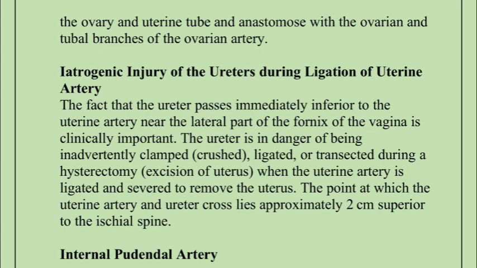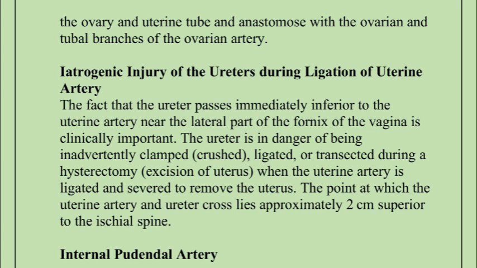the uterus. So when you're doing a hysterectomy, that's to remove the uterus, the ureter is exposed to the danger of being what? Clamped or crushed. And this can occur when the uterine artery is ligated and severed to remove the uterus. Because when you remove the uterus, you have to ligate the uterine artery so that the patient does not bleed to death.